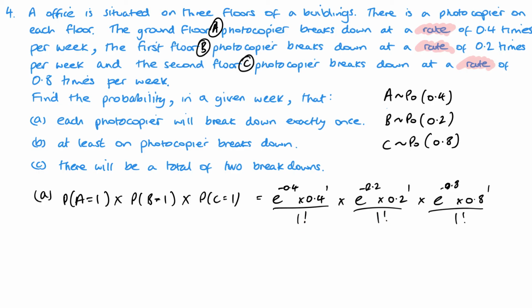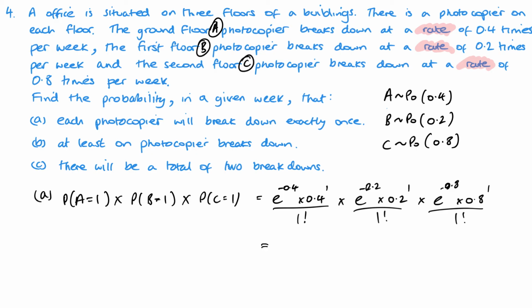Obviously the 1 factorial is just 1, I could have left that out, and 0.8 to the power 1 or 0.2 to the power 1 doesn't change that, so I could have just left it as e to the minus 0.4 times 0.4, but I've put the full thing in to hopefully make it easier to follow.